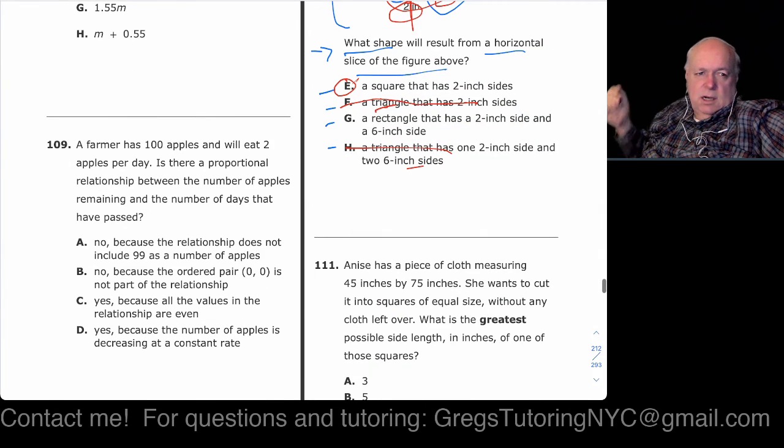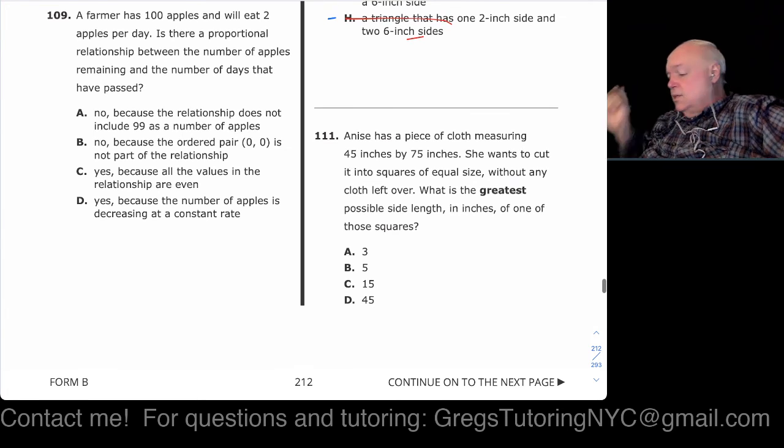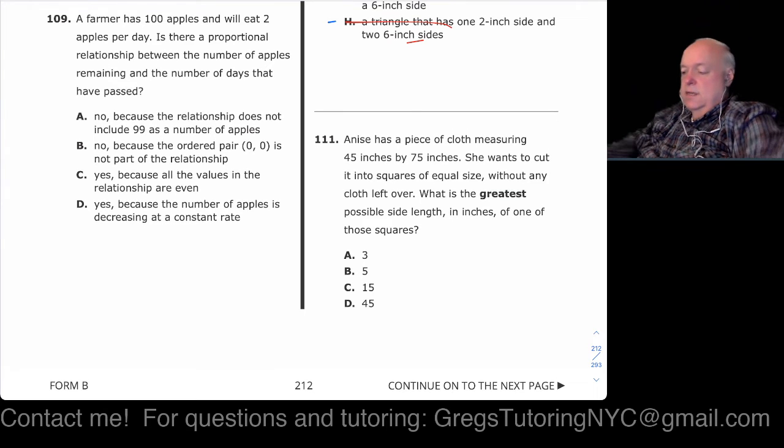And this one gets a little elusive because of the phraseology they use. Although I've probably categorized the other ones as kind of easy SHSAT questions, if you will, in the context of the SHSAT, this I probably would not. All right, so let's see what's going on here.